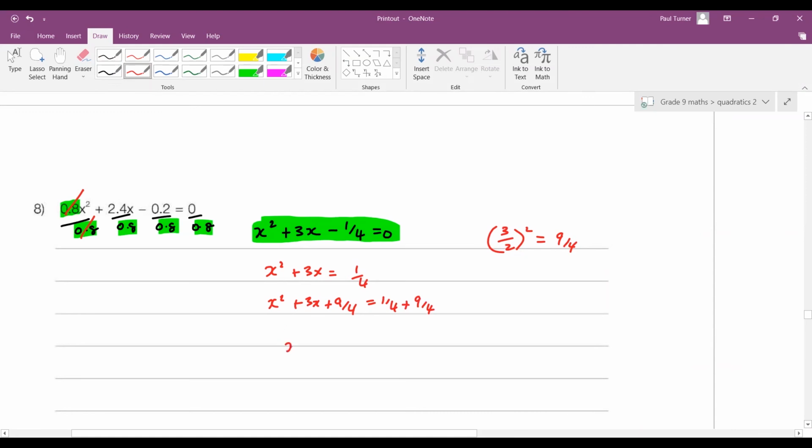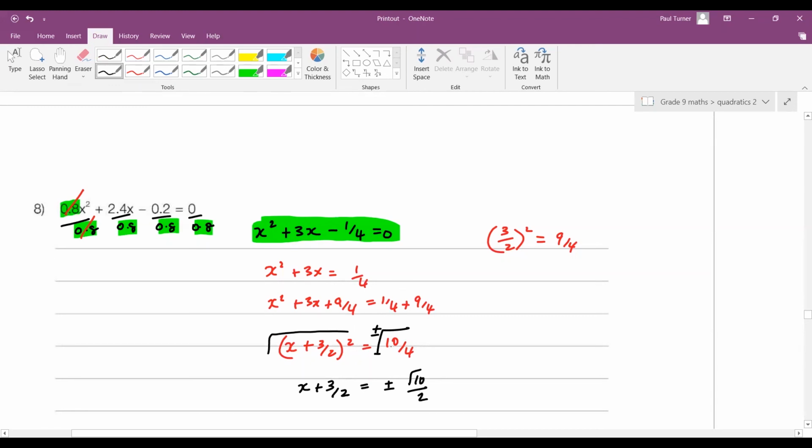So you're going to get x plus 3 on 2 all squared equals 9 plus 1, 10 on 4 here. So then we square root both sides. So we'll get x plus 3 on 2 equals plus or minus root 10 on 2. You see how I separated that root between top and bottom?